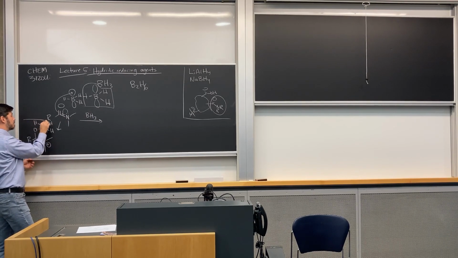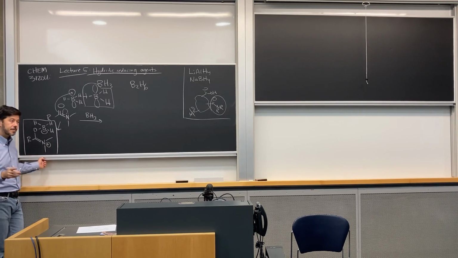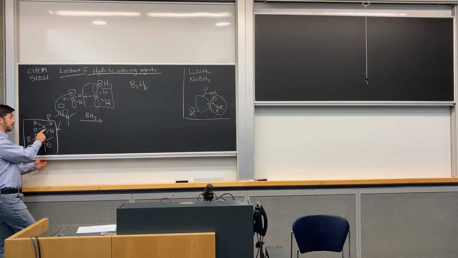So I want you to look at this structure here, and I want you to ask, do we have a nucleophile and an electrophile within the same molecule? Well, for sure we do, right? We now have a negative boron, so these are now nucleophilic hydride units. And what you have here is a positive nitrogen charge with this double bond here. This is our electrophilic carbon.